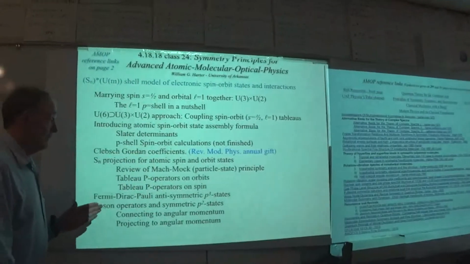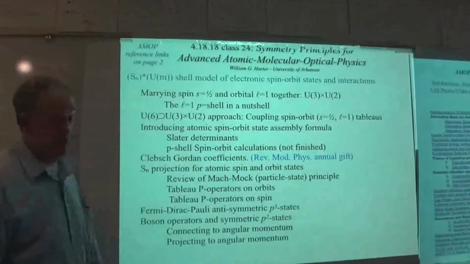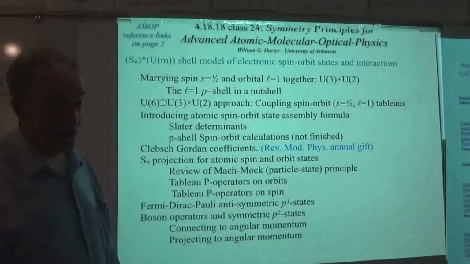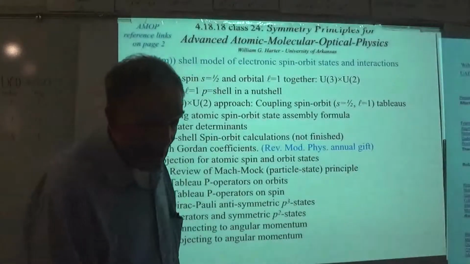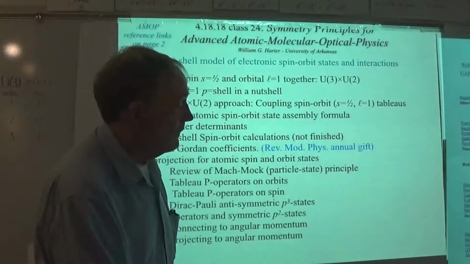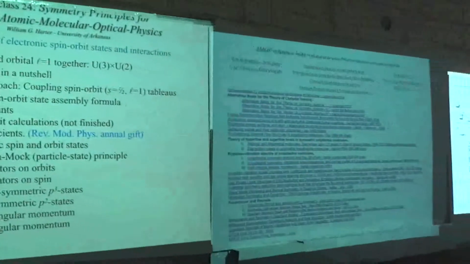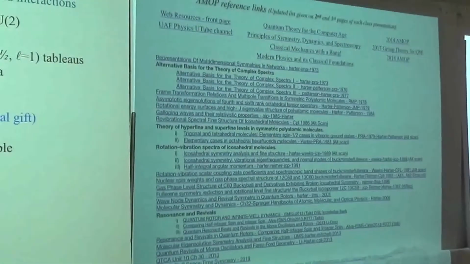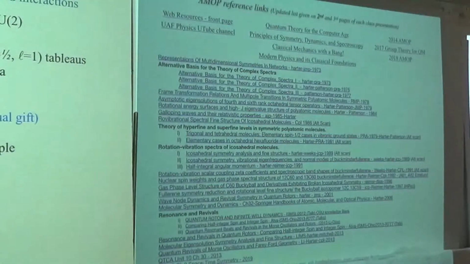So the philosophy aside, there's some computational things that we want to do today as well. First of all, looking over on the other screen is the fleshed out reference section for page 2 with the main things at the top as usual.